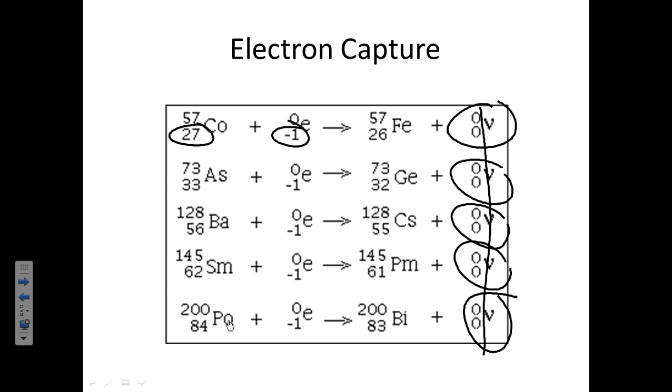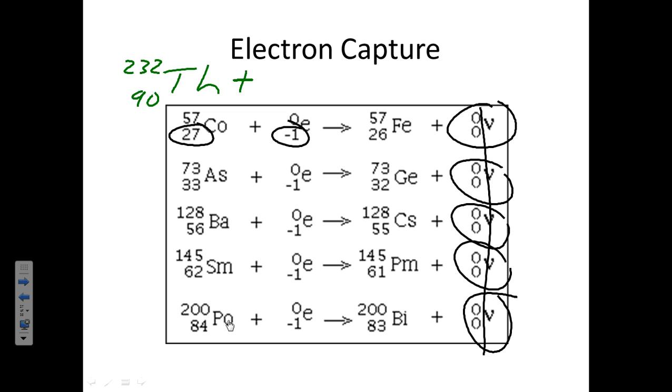So let's do one more example. Let's say we had thorium, which is 90 and 232. The question that I gave you is, show the nuclear equation for the electron capture of thorium-232.